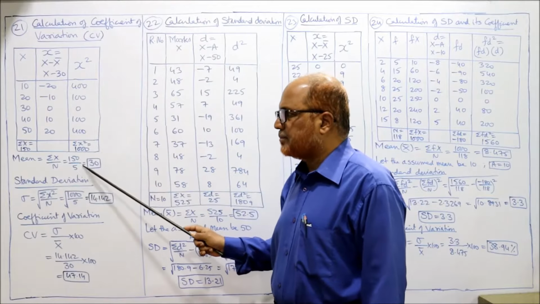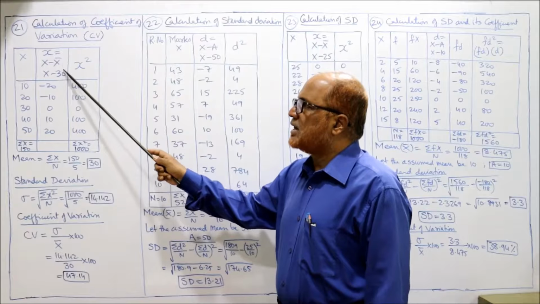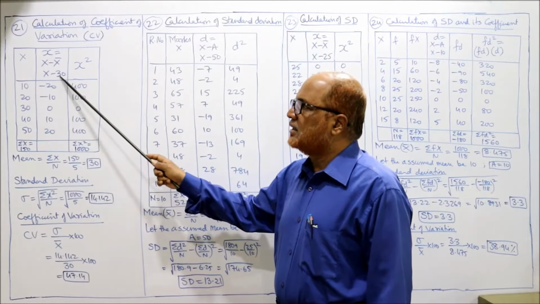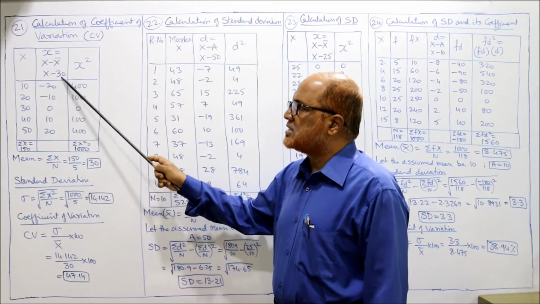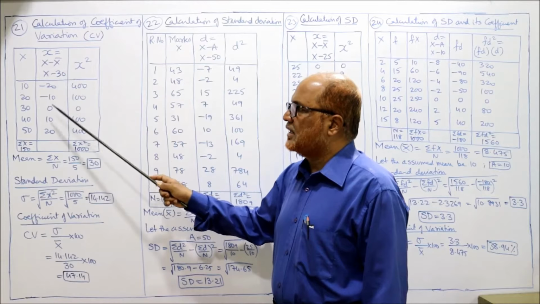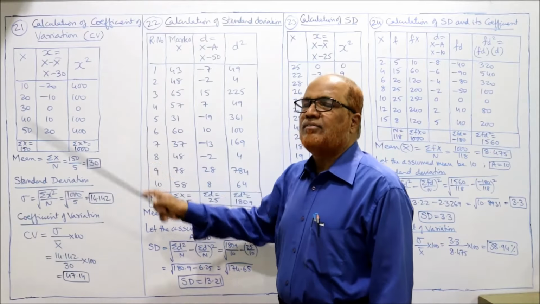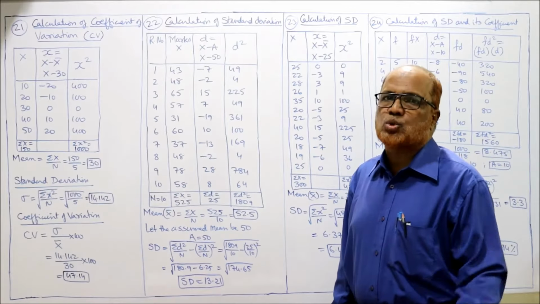X bar is the mean, which is 30. So X minus 30: 10 minus 30 gives minus 20, 20 minus 30 is minus 10, 30 minus 30 is 0, 40 minus 30 is 10, 50 minus 30 is 20. So we have calculated the deviations of individual values from the actual mean.